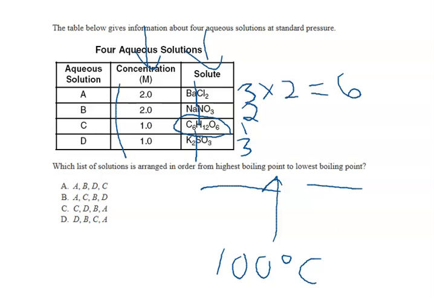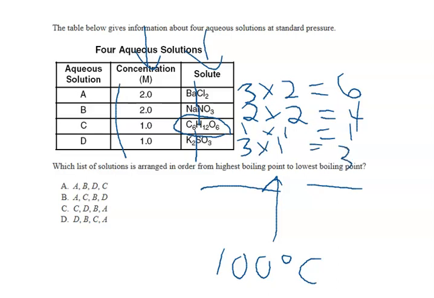If you're in a New York State Regents class, you're not responsible for the end result as far as the new boiling point, but know the factor is 6. For letter B, it's 2 for the splitting apart of the ions times 2 molar, which is a 4. For C, it's 1 times 1, which is 1. And then finally, for potassium sulfite, it's 3 times my 1 molar, which is 3.